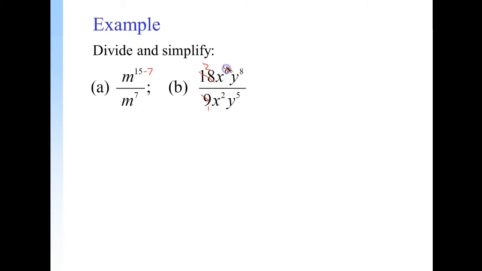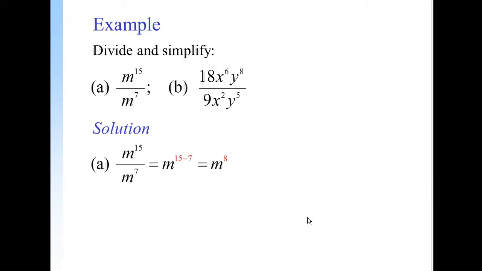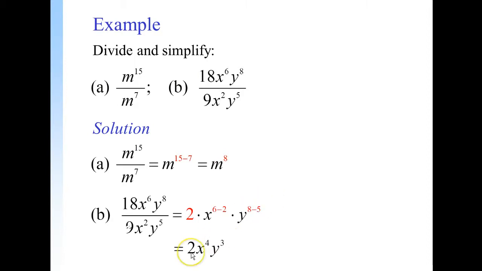So this is going to become a 4. Bring the 5 up, becomes a negative 5. So this becomes a positive 3. Let's check it. All right, m to the 8th. And again, 2x to the 4th, y to the 3rd. Very good. And notice they're showing the steps. Normally we do this part mentally.